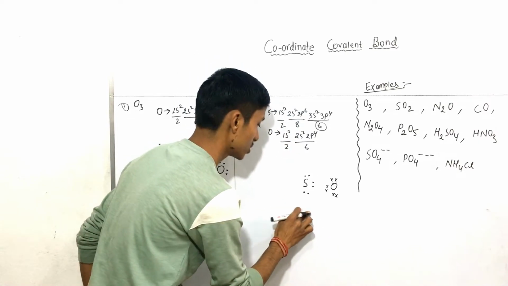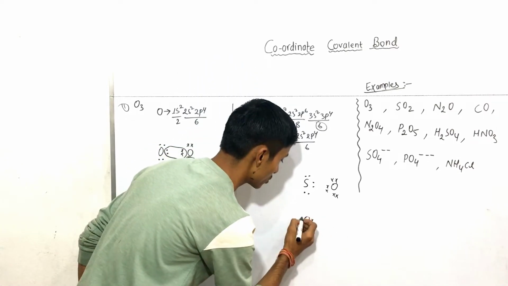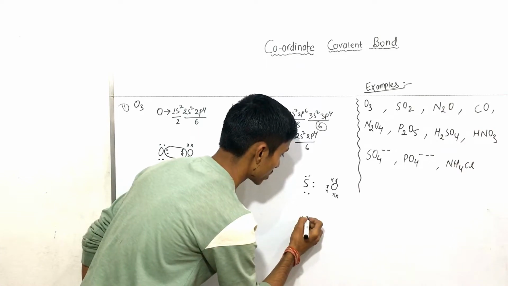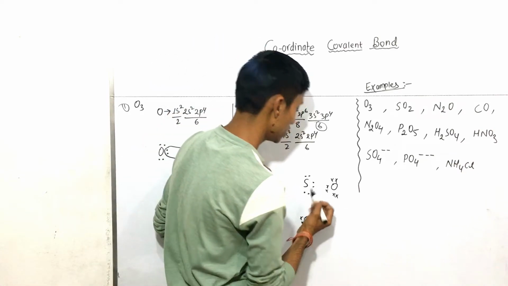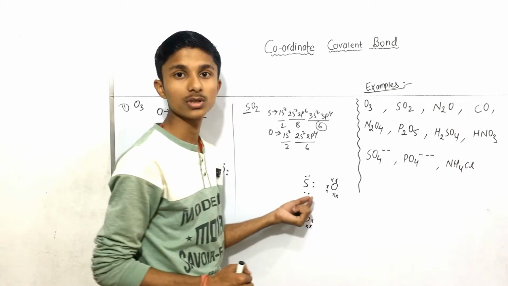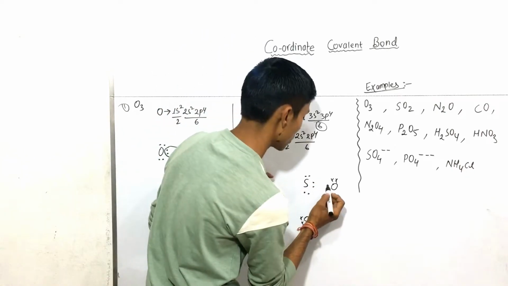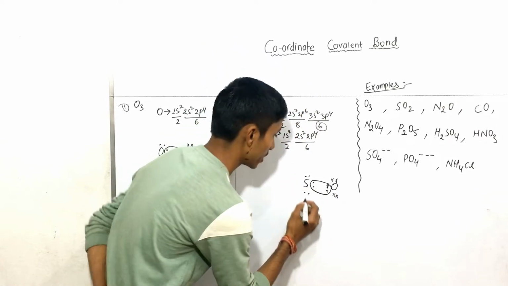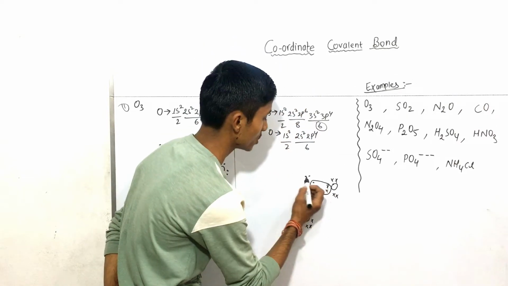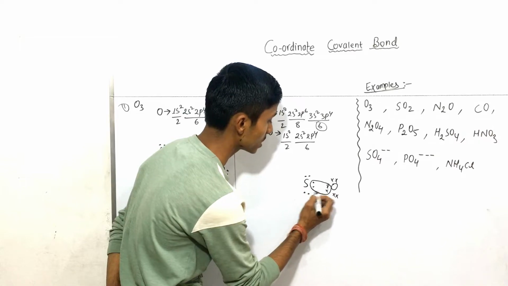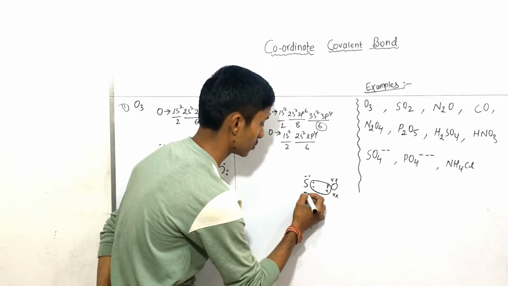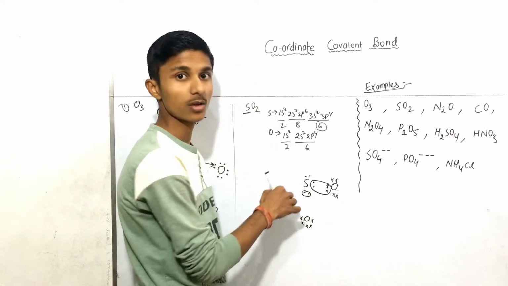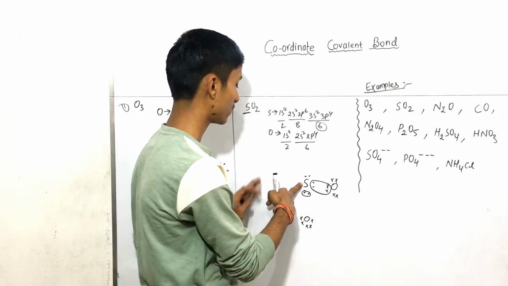So here 6 electrons around each oxygen atom. And here now you can see the covalent bond exists between this sulfur and oxygen atom. So here these 2 pairs of electrons get shared, and now for sulfur you can count 1 2 3 4 5 6 7 8. And so here the octet state is completed for this one single sulfur atom.